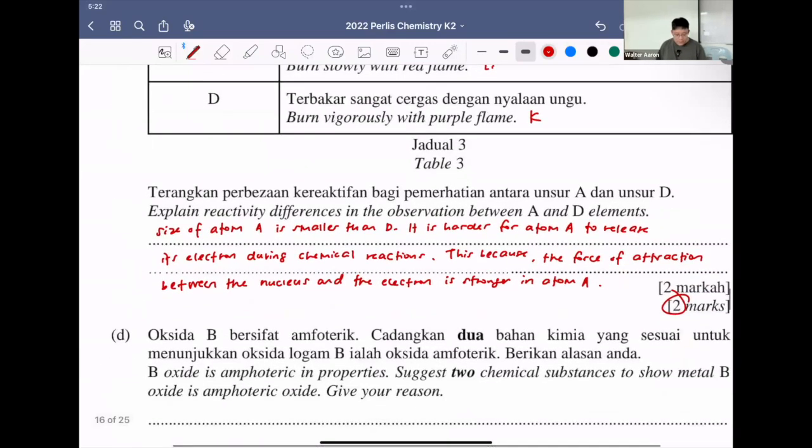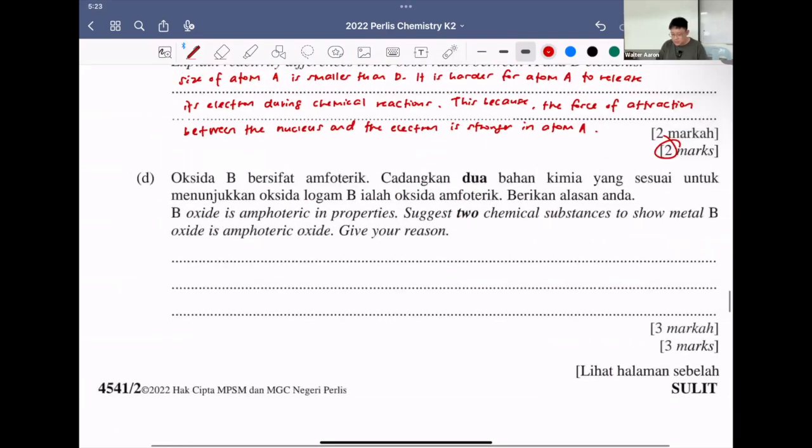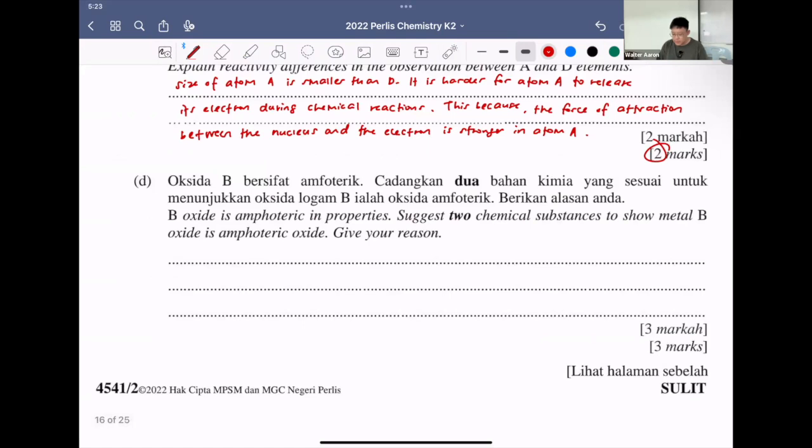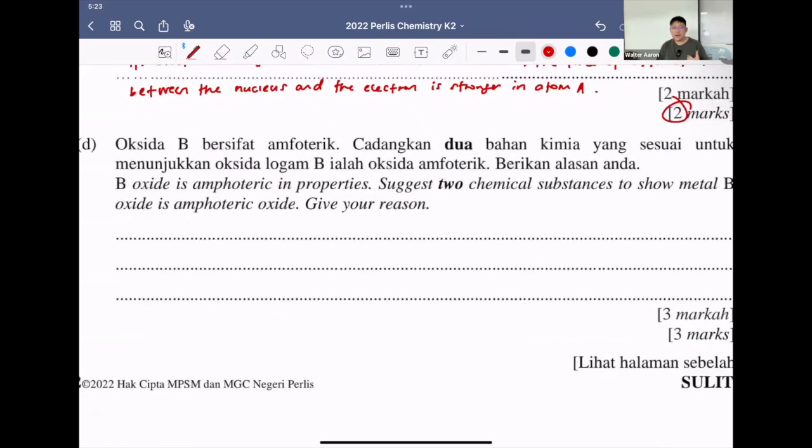And for D: B oxide is amphoteric in properties. Suggest 2 chemical substances to show metal B oxide is amphoteric. Give a reason. Amphoteric oxides are the ones that can react with both acid and alkaline substances. So if you want to suggest 2 chemical substances to be used, I think you can use very simple ones like hydrochloric acid and sodium hydroxide.